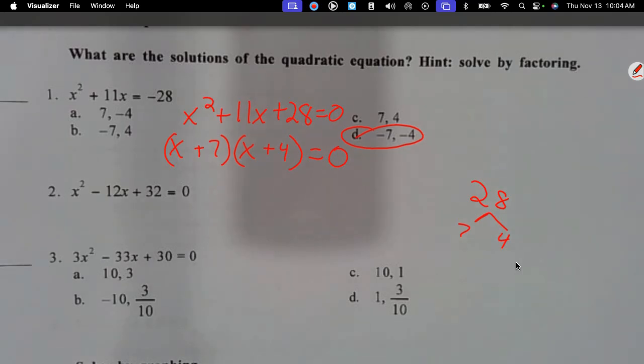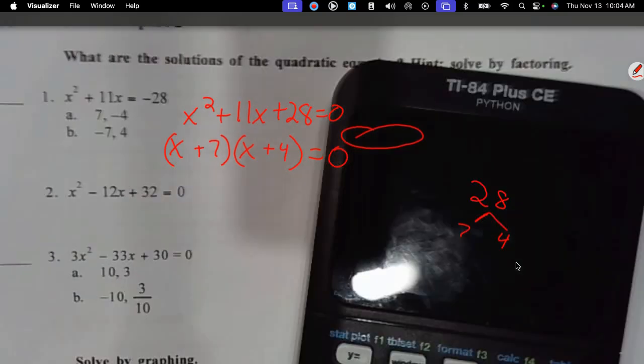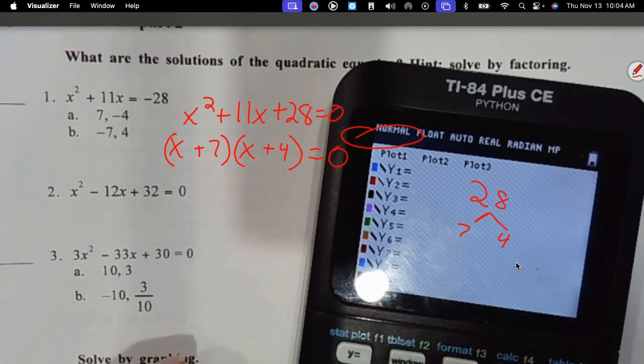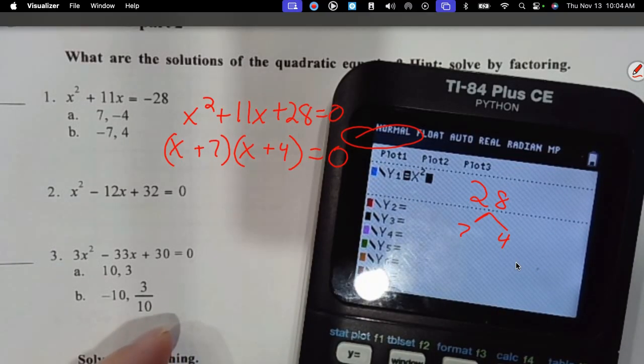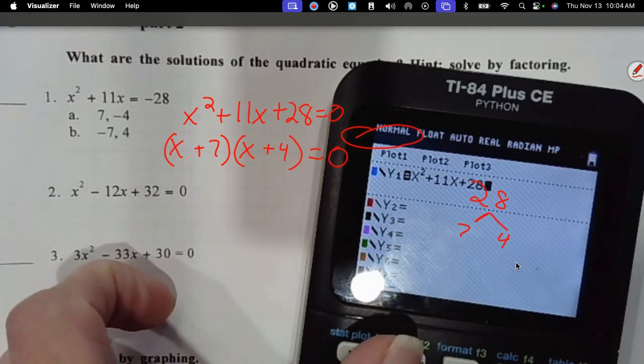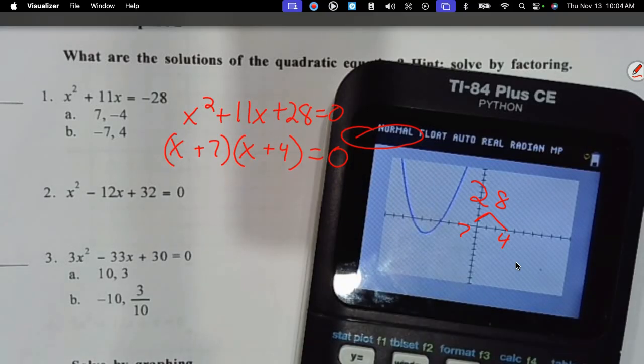Really quick, let me show you this on the calculator. If I was to graph it, y'all, x squared plus 11x plus 28. Watch. If I graph it, where are my answers?